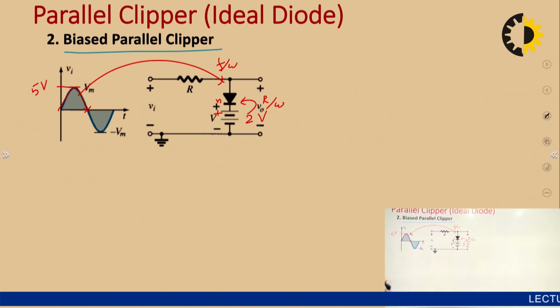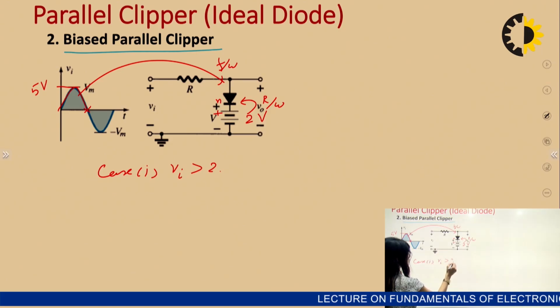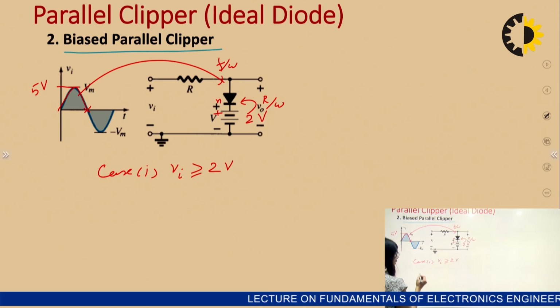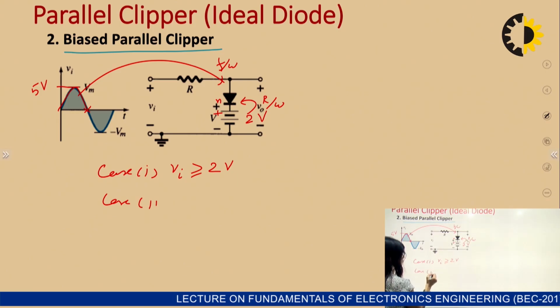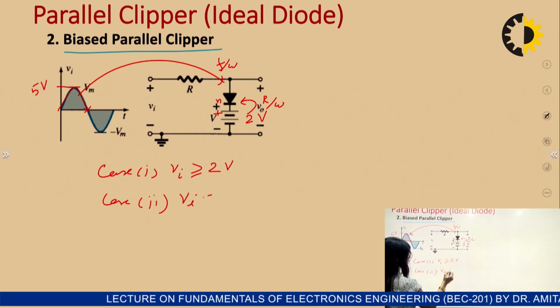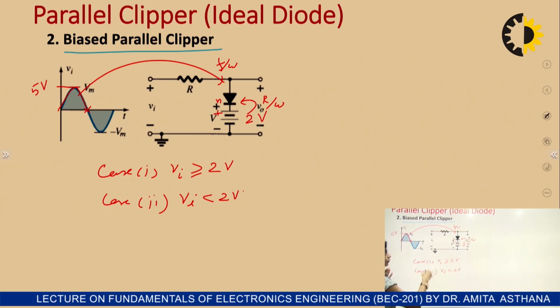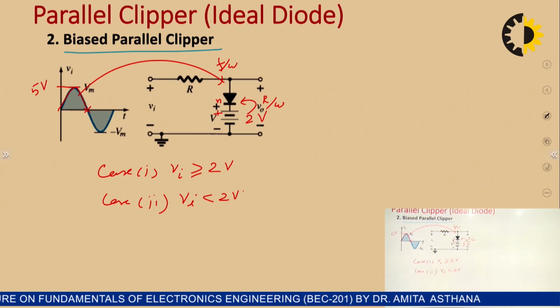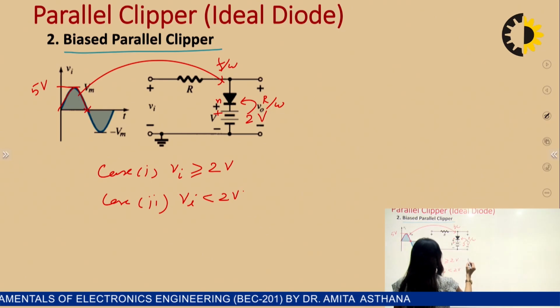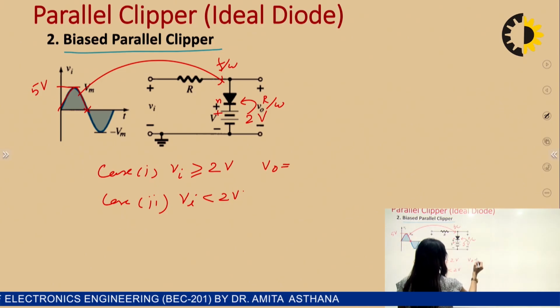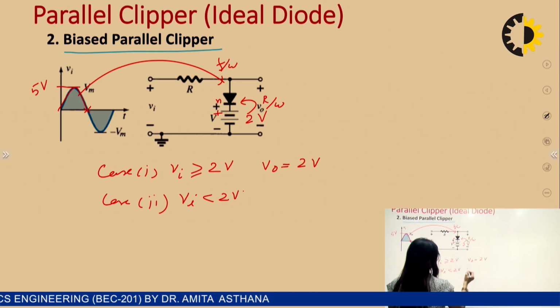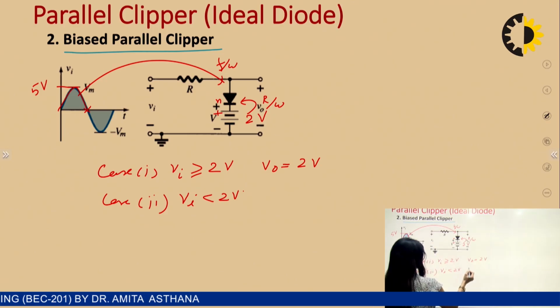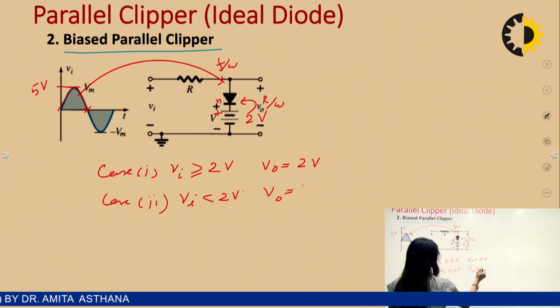In this particular case, case 1 would be Vi is greater than or equal to 2 volt, and case 2 would be Vi is less than 2 volt. You will remake the circuit. Here the output voltage will be equal to 2 volt, and here the output voltage will be Vo is equal to Vi.